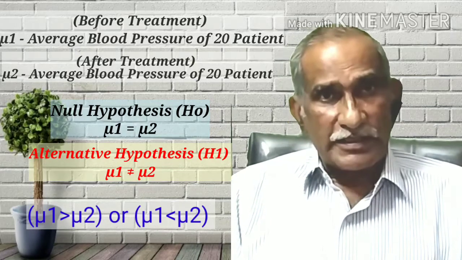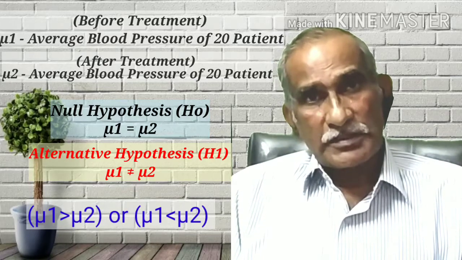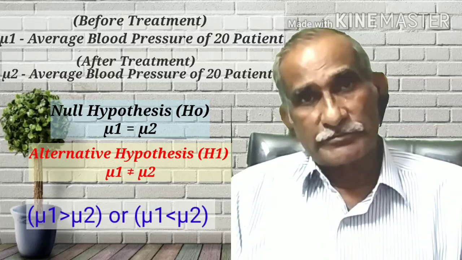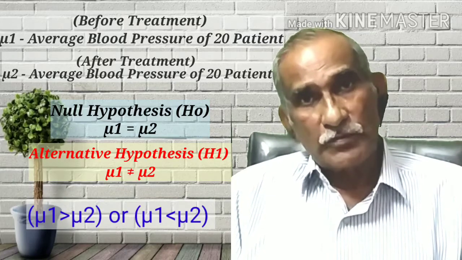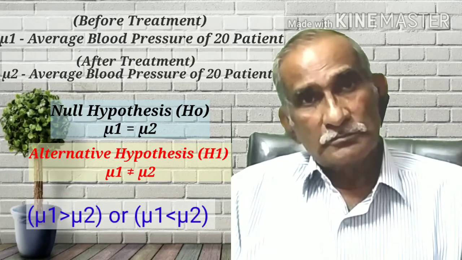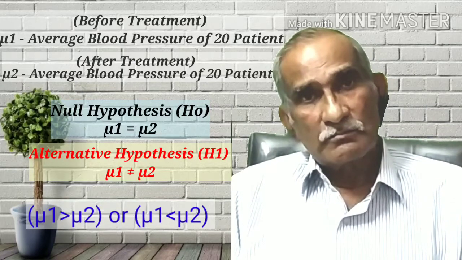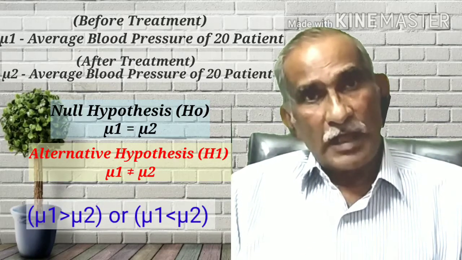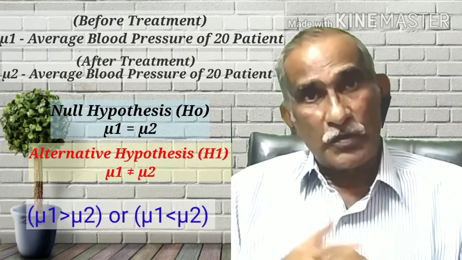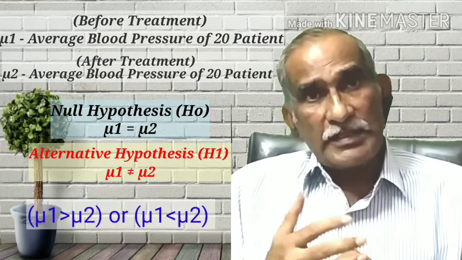Now you think of the latter case. Average blood pressure before treatment is less than the average blood pressure after treatment, mu1 less than mu2. Is it possible? Is it not nonsense to say like this? How can we believe that a drug which is meant for lowering down the high blood pressure would increase the blood pressure?